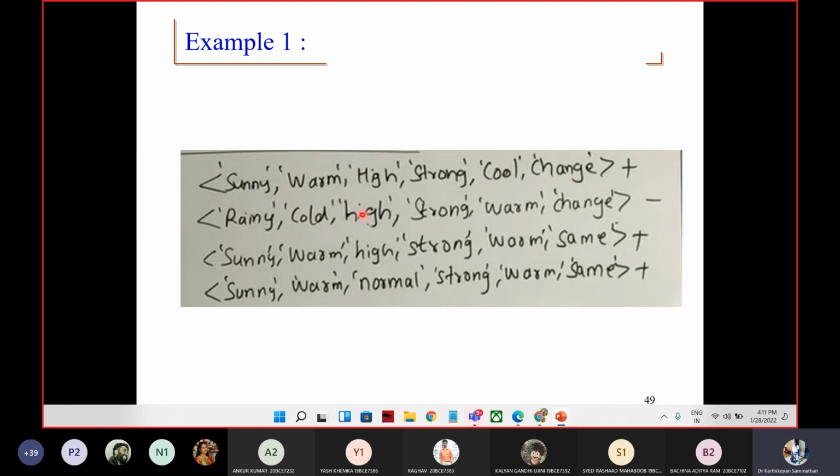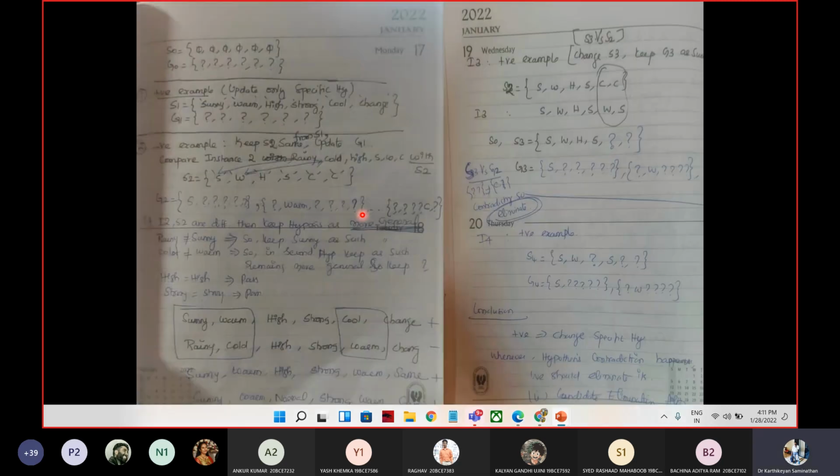So now we will go to the problem. I am taking the first instance: sunny, warm, high, strong, cool, and change. What the algorithm says: first, you need to initialize the specific hypothesis and the general hypothesis to the base state. Specific is nothing but phi, general is nothing but a question mark. Now take the first instance, I1: sunny, warm, high, strong, cool, change.